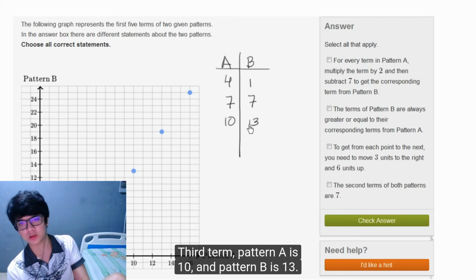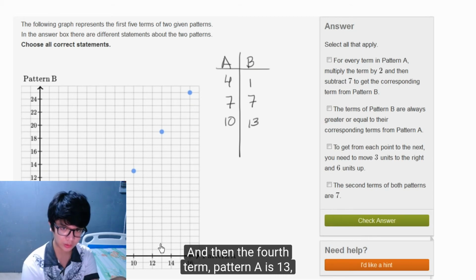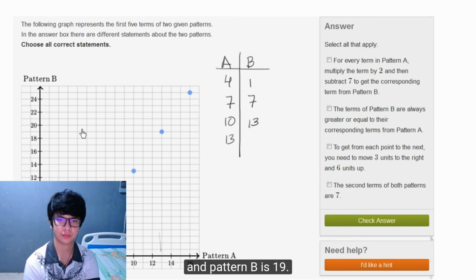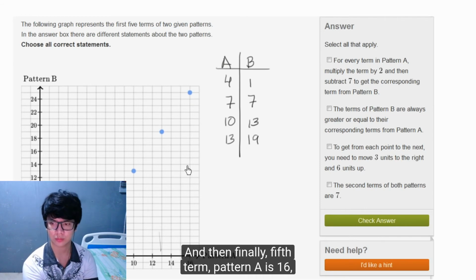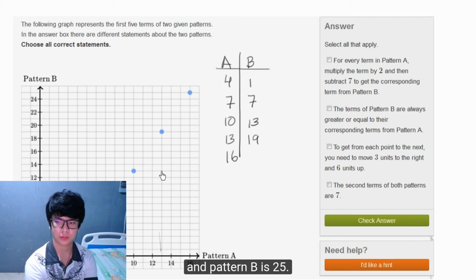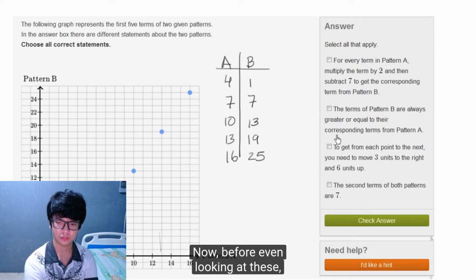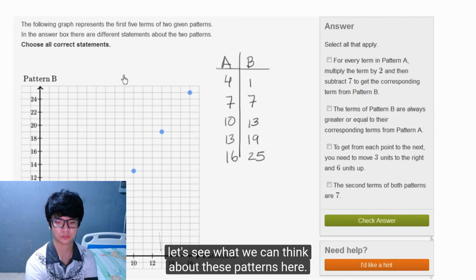And then fourth term, pattern A is 13, and pattern B is 19. And then finally, fifth term, pattern A is 16, and pattern B is 25.